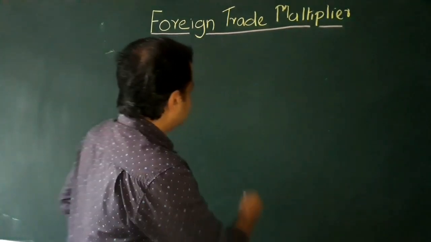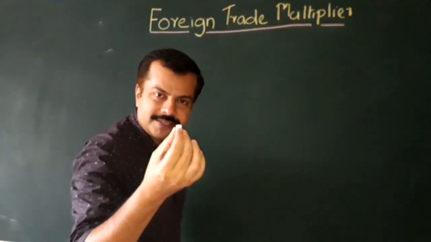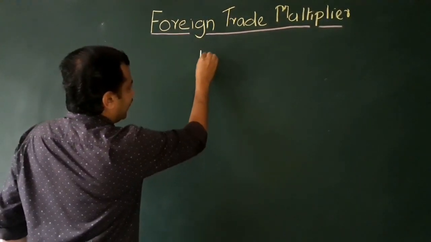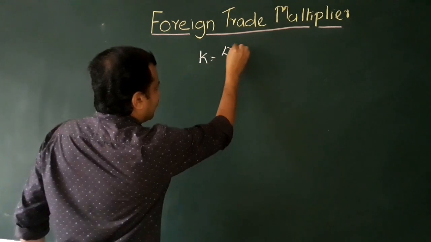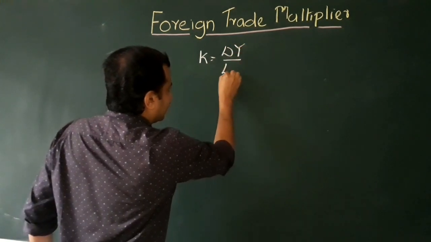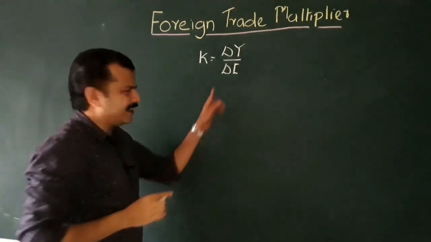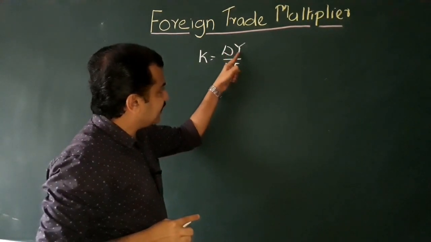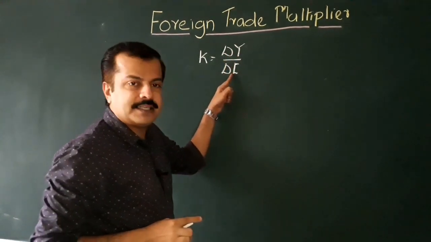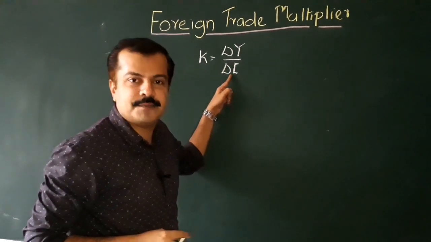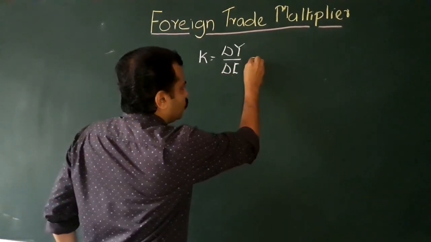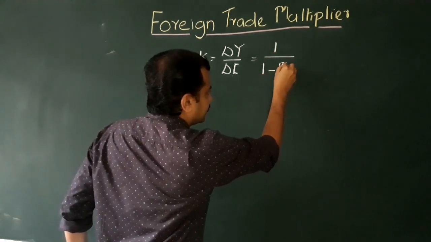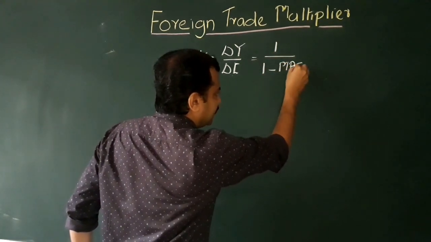Once more, the Keynesian multiplier, or what we call the investment multiplier or expenditure multiplier, is K equals delta Y by delta I. Delta means change. The change in income as a result of change in investment will be equal to 1 by 1 minus marginal propensity to consume.